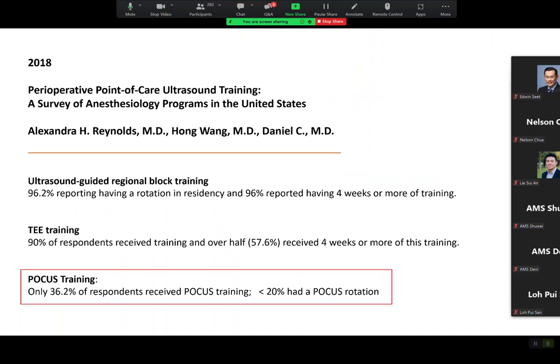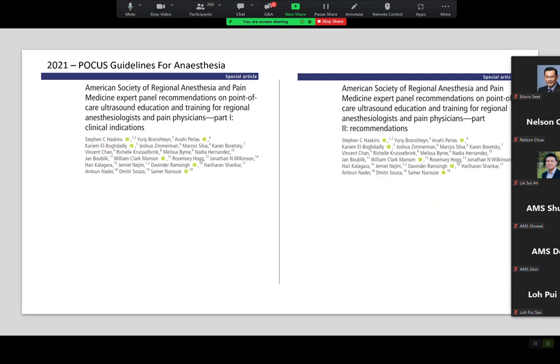This is a survey done in 2018 in the United States, which showed that only 36% or so of respondents had structured POCUS training. There are, however, guidelines which have been recently published by the American Society of Regional Anaesthetists.